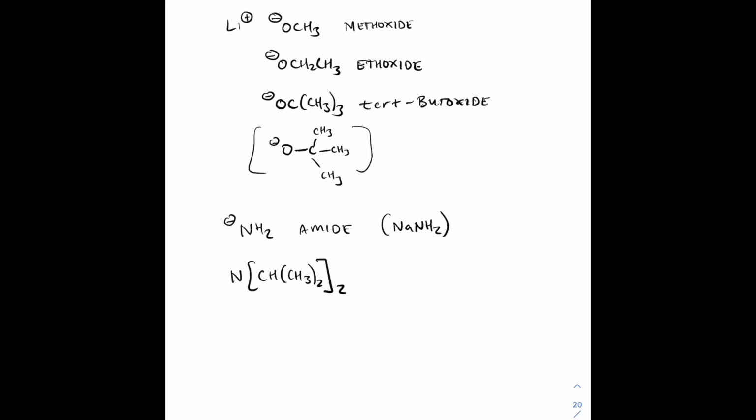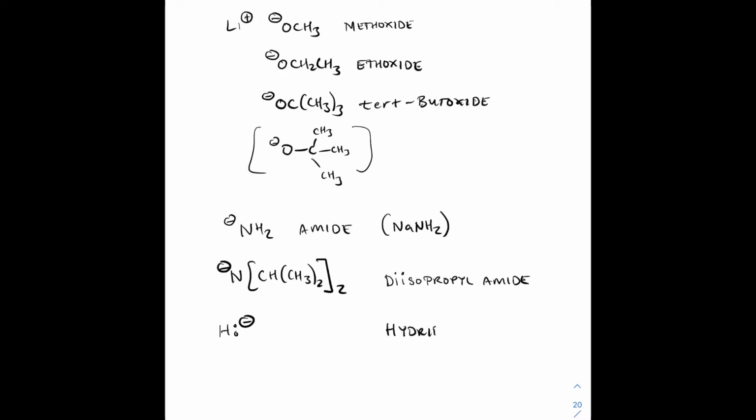CH(CH3)2, all of that with a subscript 2. So this is called diisopropyl amide. And this is also a really common base that's kind of huge, big, and bulky, and plays an important role later on in the book, or in this course rather.